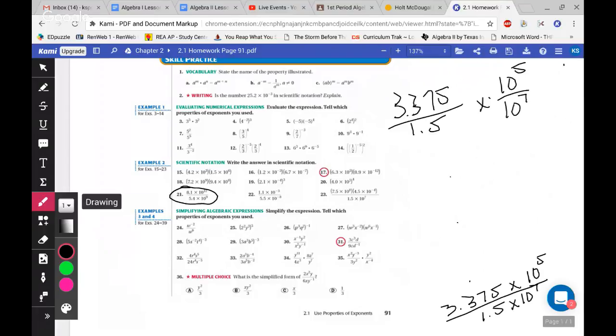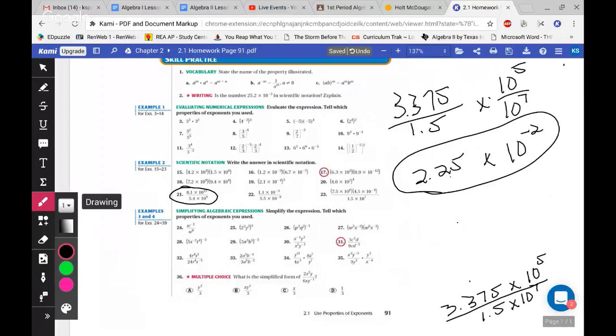I can't even tell that that's a 7 down there. So once again, putting in my calculator, 3.375 divided by 1.5 gives me 2.25. And then I'm going to subtract 5 minus 7, which gives me 10 to the negative 2. And that's my final answer for that one.